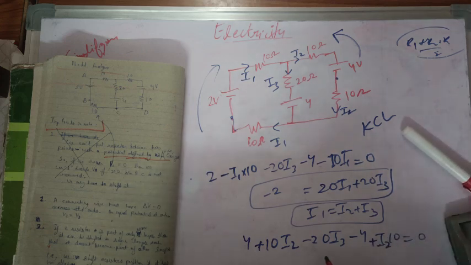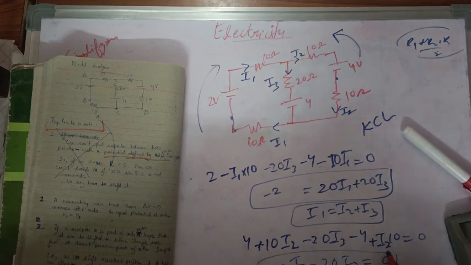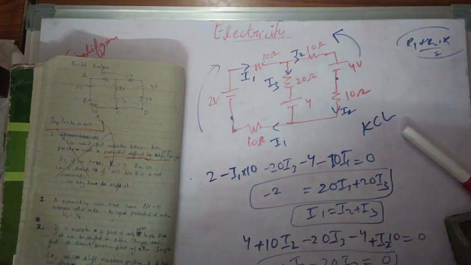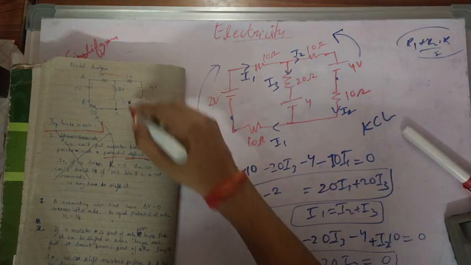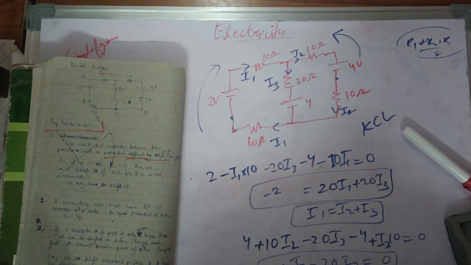It will give 20 I2 minus 20 I3 is equal to 0. Okay, this was 4 volt. So we get the relation that I2 is equal to I3.